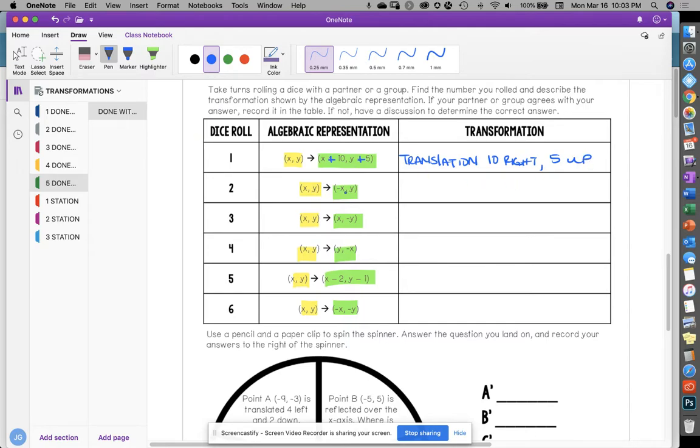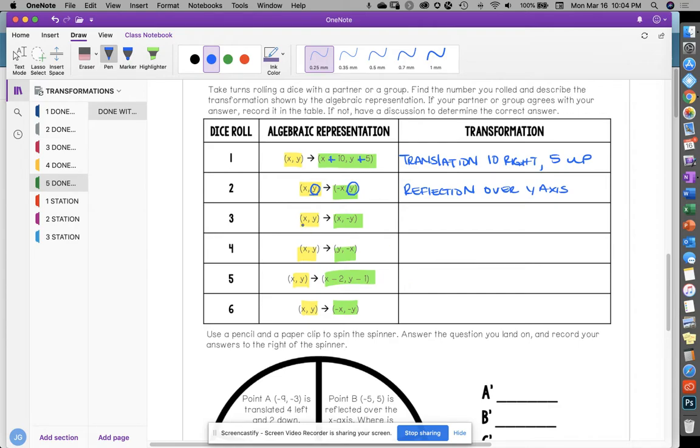I went x, y, and then I have negative x, y. Well, since the x has become the opposite and not the opposite of the y also, this is a reflection. And what did I go over? Well, the y's stayed the same. So this is a reflection over your y-axis.